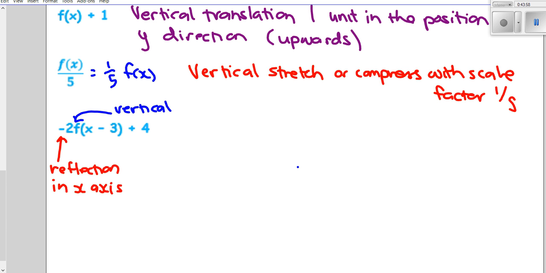And what is the horizontal stretch? Is there a horizontal stretch in it? Nah, because there's no number. See, the x doesn't have a coefficient other than 1. Okay, yeah, that's a good point. If the x within the function has a coefficient, that would be a horizontal stretch. But here it's a vertical stretch with scale factor 2. We'll do a little sketch of it afterwards. What does the 3 do?